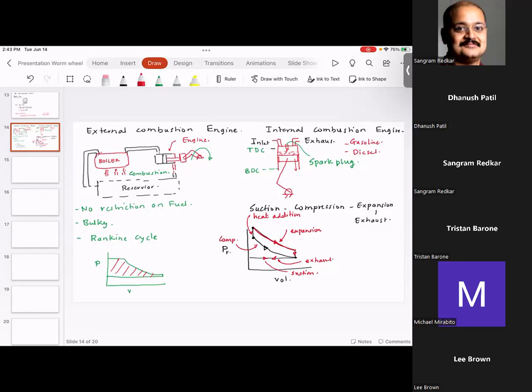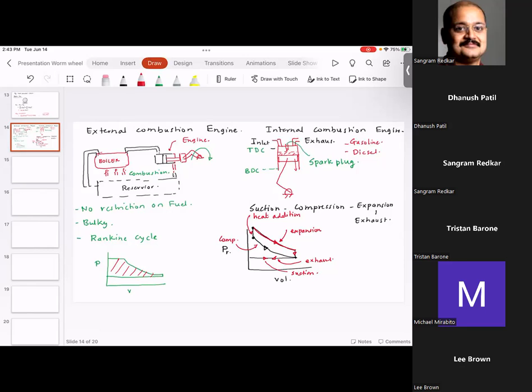The diesel is sprayed onto the air, which is at high temperature and high pressure. And the diesel combusts. And because of that, the whole thing sort of explodes and generates power.